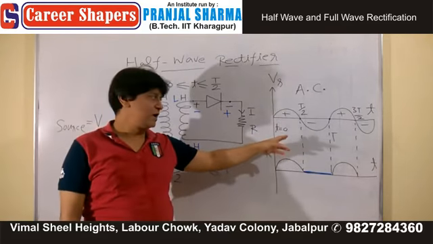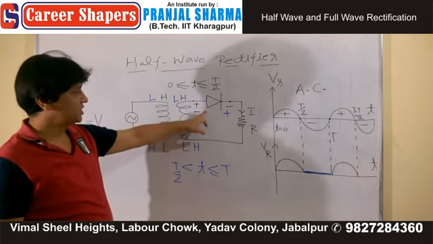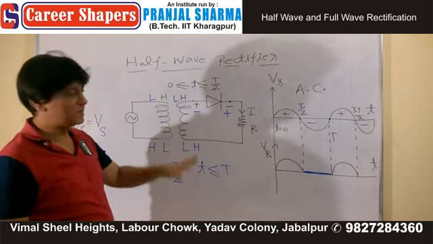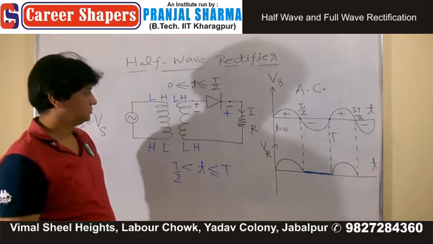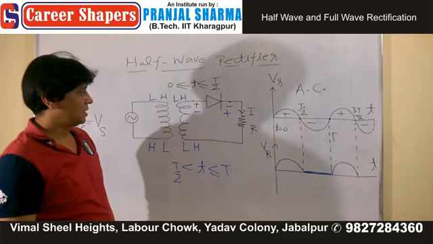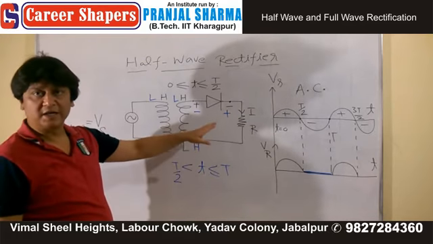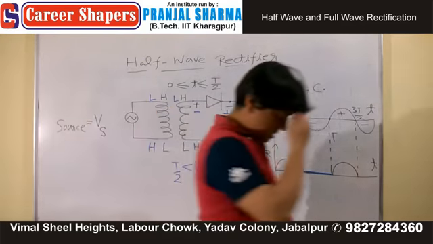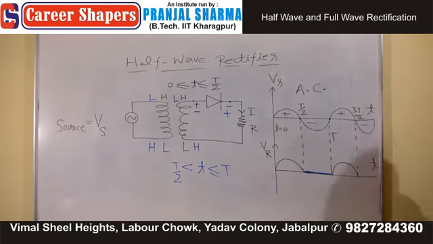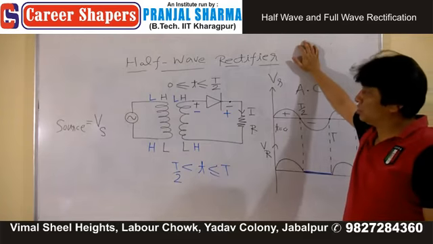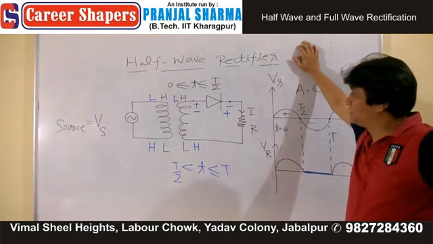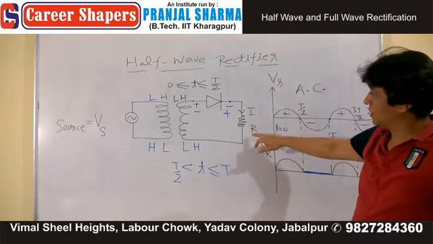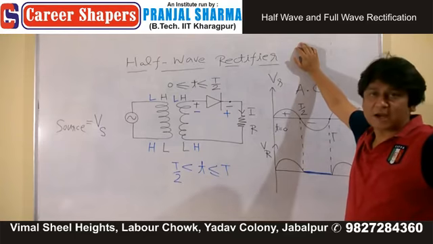During the first half of the alternating cycle, the PN junction diode offers no resistance and therefore a current is present through the external load, inside bracket capital R.